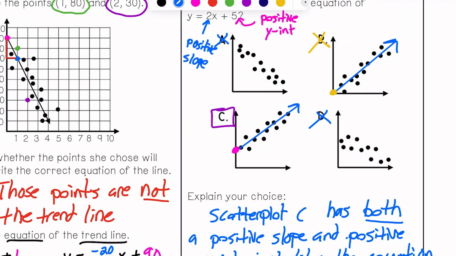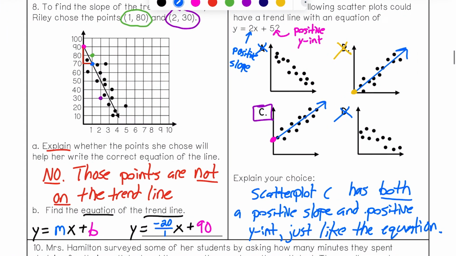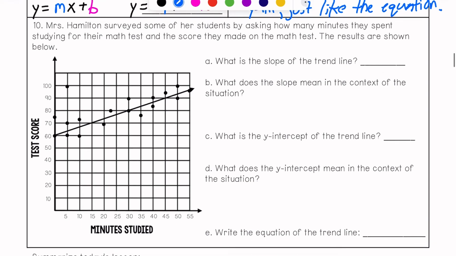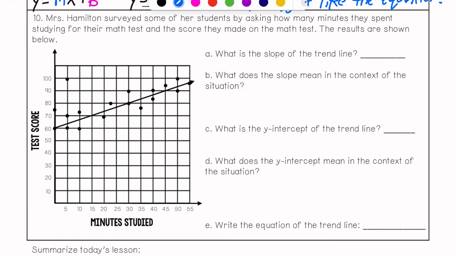Okay, last question of the lesson. Mrs. Hamilton surveyed some of her students by asking how many minutes they spent studying for their math test and the score they made on the math test. The results are shown below. So the x-axis of this scatter plot is how many minutes they spent studying for their math test.